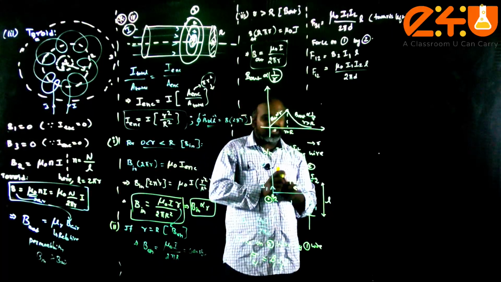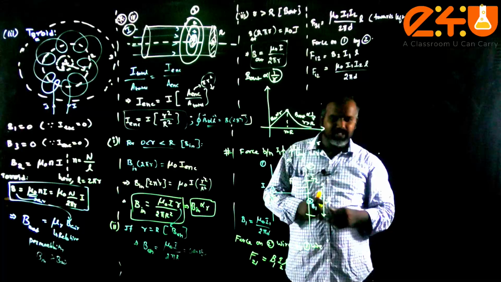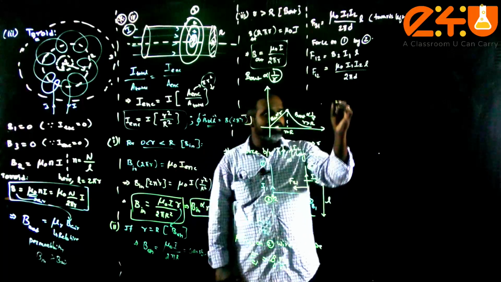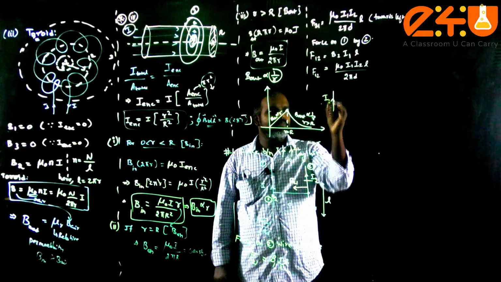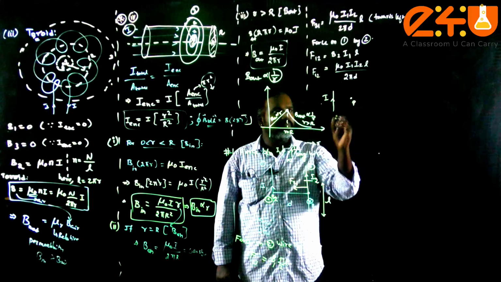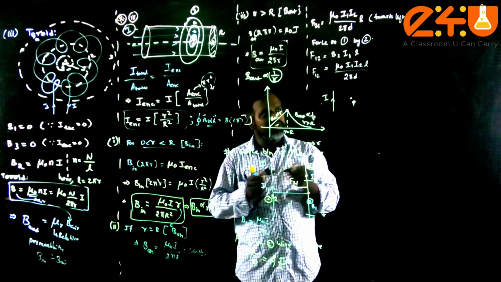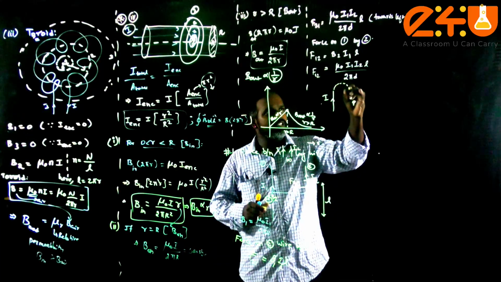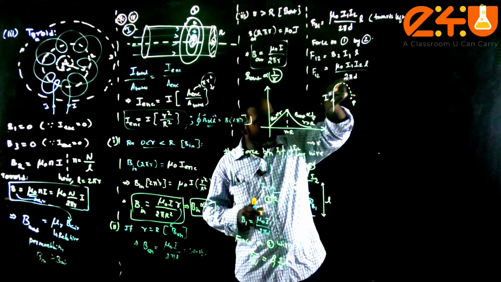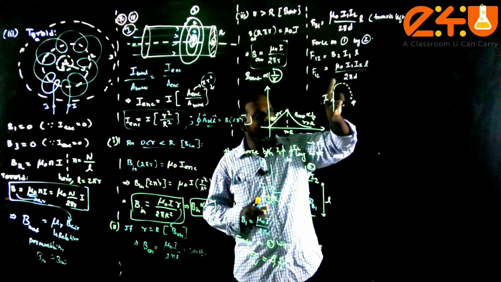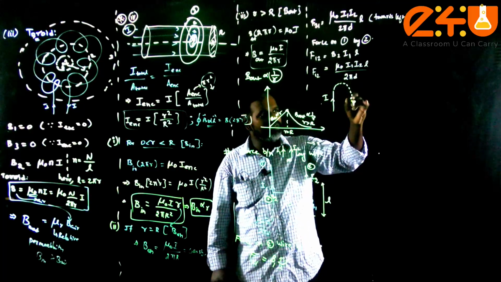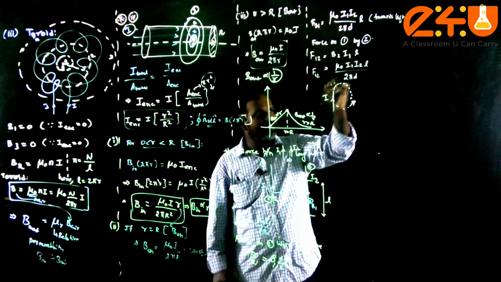So how to find the direction of the magnetic field here, I will say for your confirmation. This is the wire carrying some current I, and this is some measuring point. What you have to do is bend the wire toward the measuring point, in the direction of current. Now what type of rotation are you getting? Clockwise rotation.